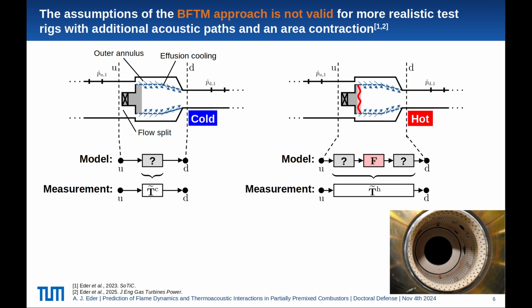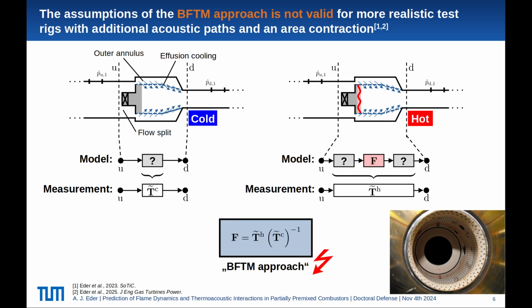So it's not as obvious as with the simple test rig before, and therefore it already becomes visible that the BFTM approach is not valid when it comes to such complex combustors. In the paper shown as reference here, we also showed that this approach is mathematically not consistent, and we showed that also with a toy problem.